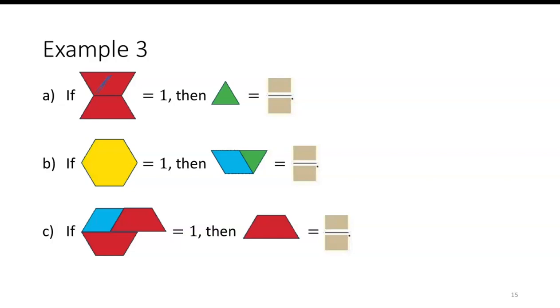It looks like there are 3 triangles on top, and I can make 3 more triangles on the bottom. So that's going to be 6 triangles overall. I can break that unit into 6 triangles, and one of them represents the triangle. So that triangle represents 1/6 of the original unit.